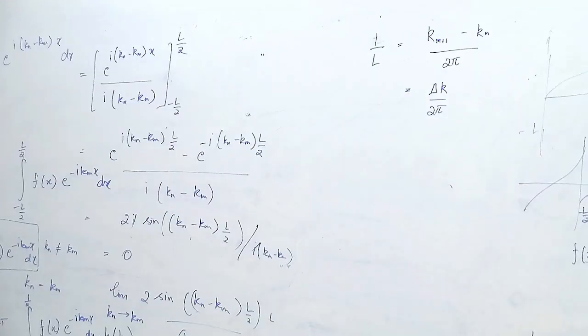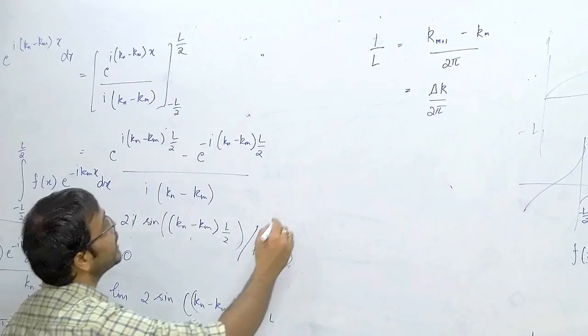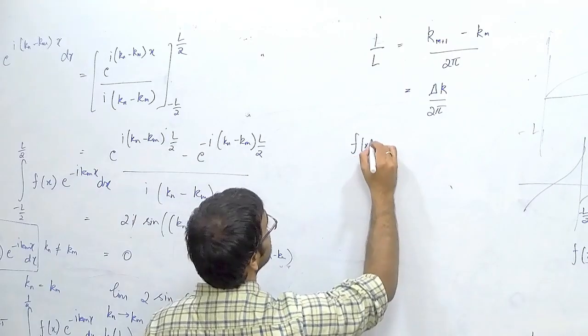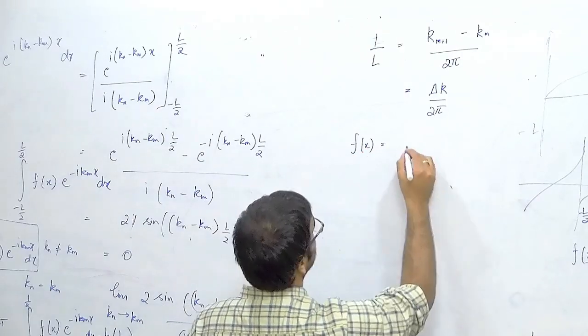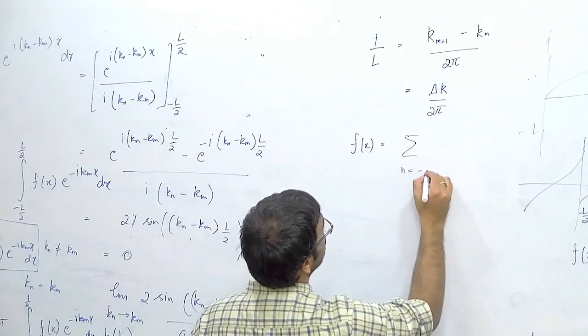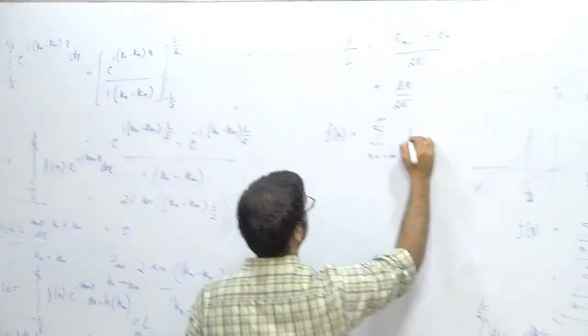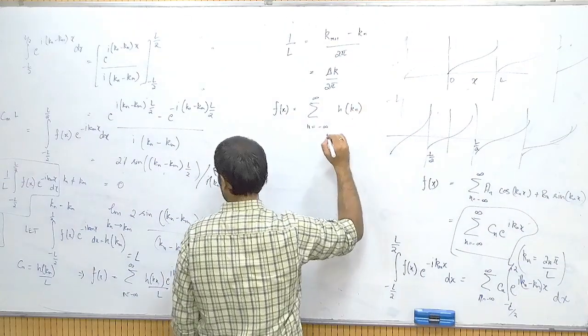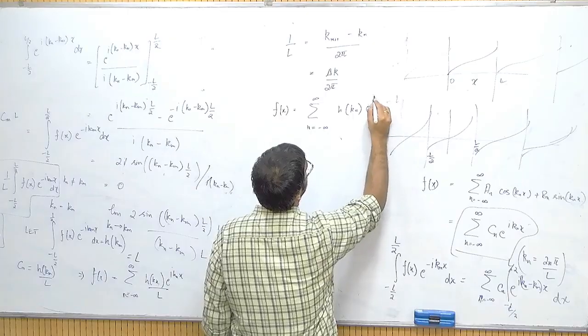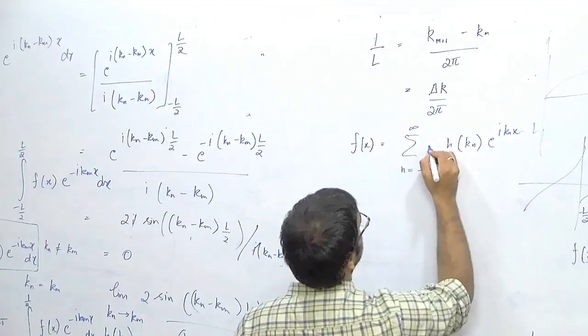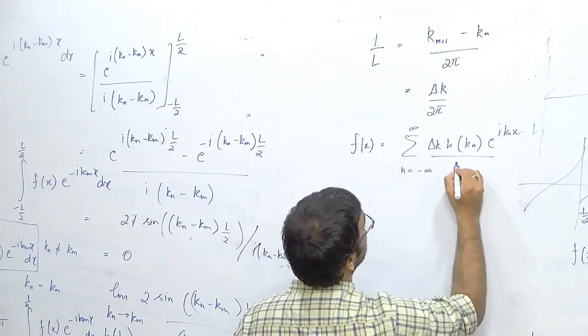So, 1 by L is delta k over 2 pi, and I can write f of x as the sum from minus infinity to infinity of h of k_n e to the power i k_n x times delta k over 2 pi.